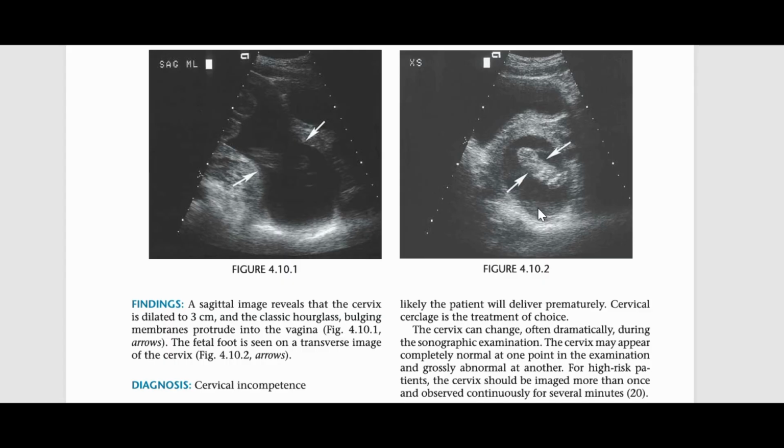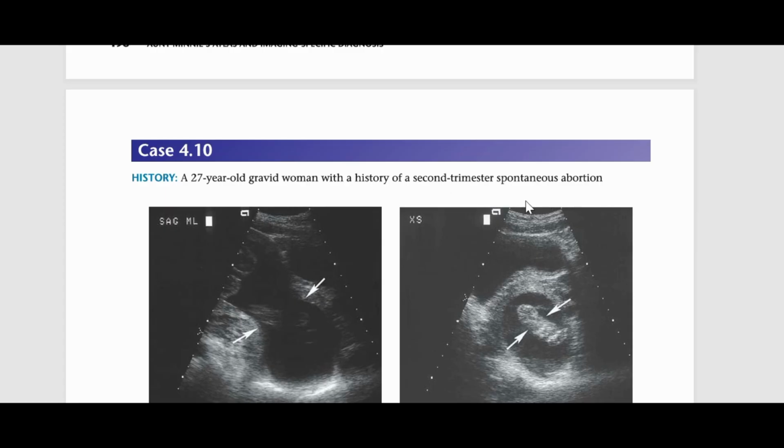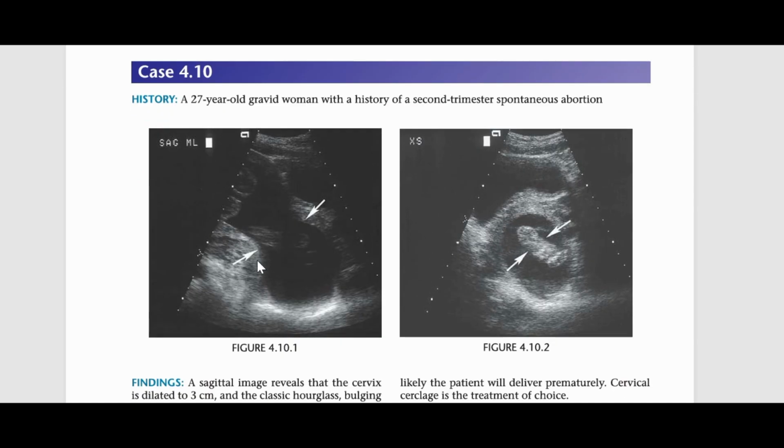The diagnosis is cervical incompetence. Cervical incompetence is the reason for the recurrent abortion. She had a previous abortion, and now the cervix is dilated again, and the membranes are protruding into the vagina.